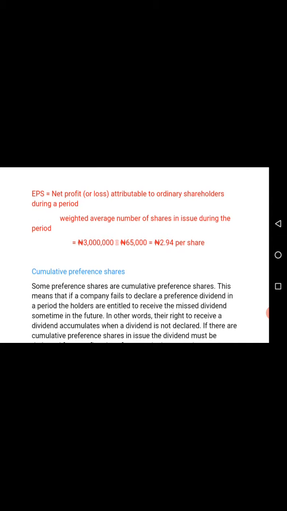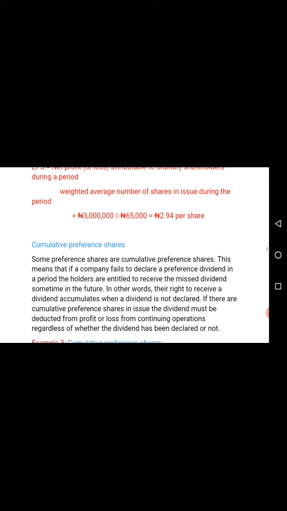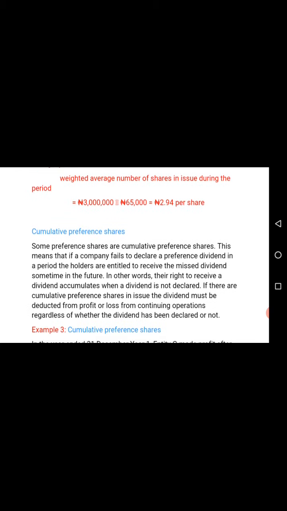If a company does not give dividends this year, that is 2020, preference shareholders are still entitled to carry over that missed dividend to next year, to be added to their next year's dividend. That is what cumulative preference shareholders basically enjoy.